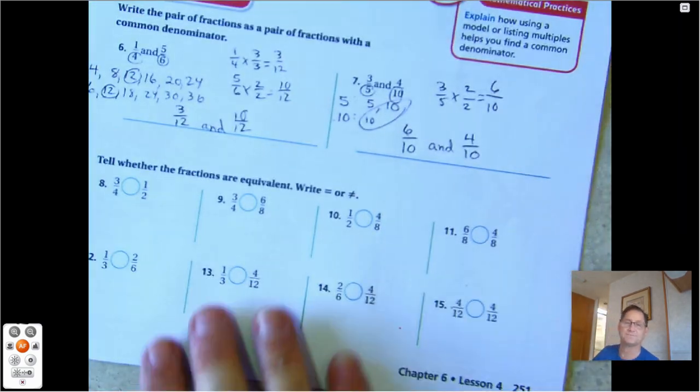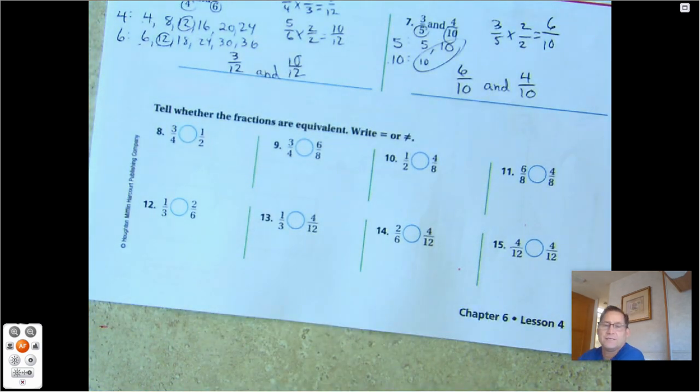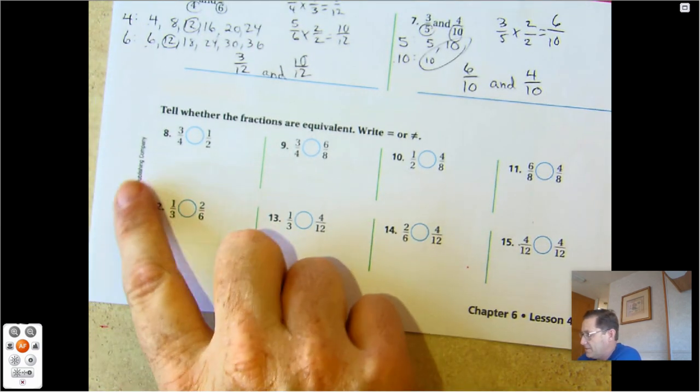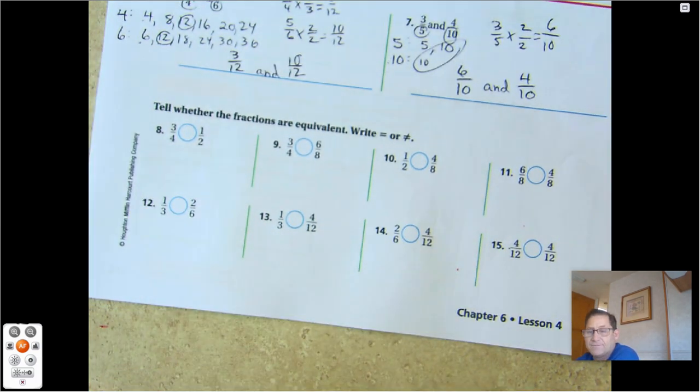All right, now we're going to tell if these are equal or not equal. So the first thing we're going to do is find a common denominator. Okay, that's one way we can do it. We can match up the denominator. We can also see that if they're in simplest form, they should match.